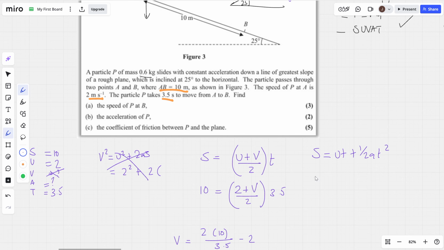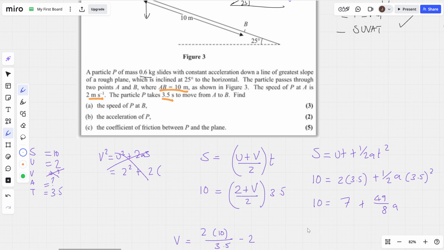So that's going to be 10 equals 2 times 3.5 plus a half A, which we don't know, times by 3.5 squared. Okay, so 10 is equal to 7 plus, and then half of that, so plus 49 over 8A.